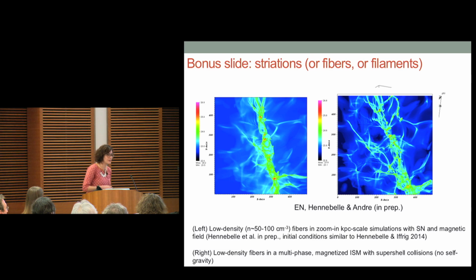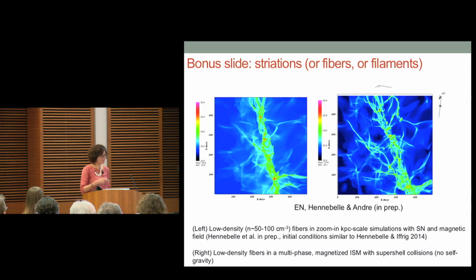This is isothermal, by the way, no cooling. And then they appeared like little wiggles here. I don't know if they're the same, but they're also small fibers on a sheet. So this is in preparation, but very much in preparation because we have to interpret it first. So if you have any ideas, find me later.